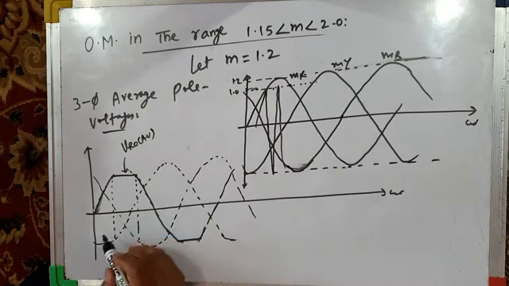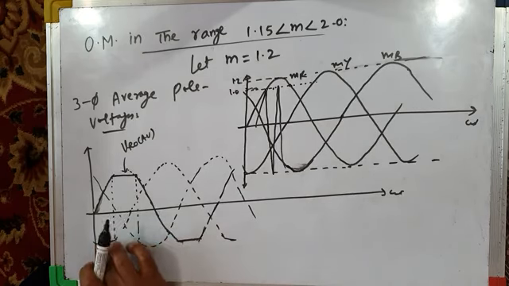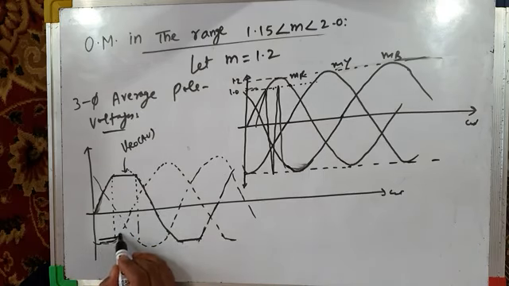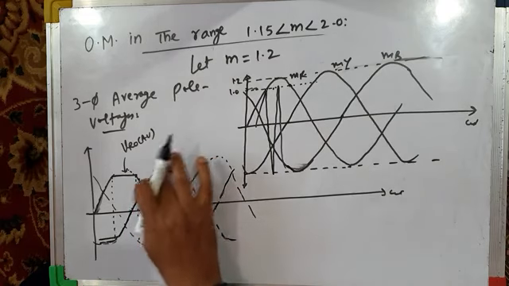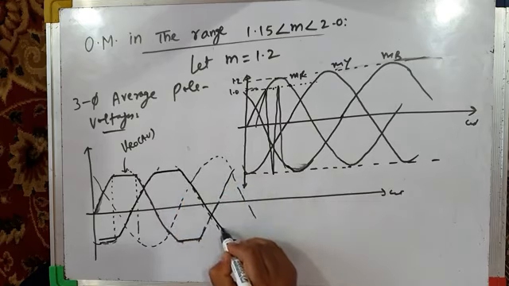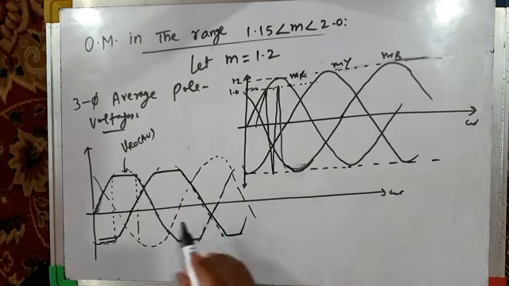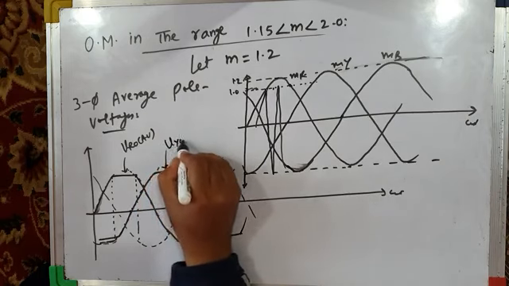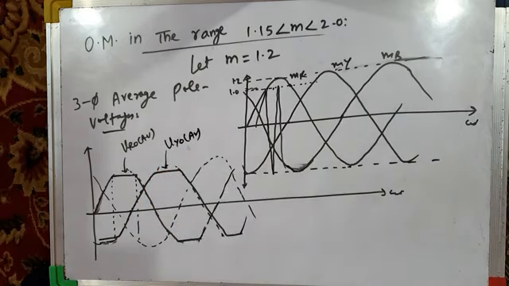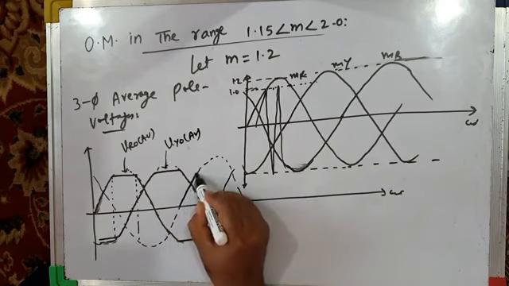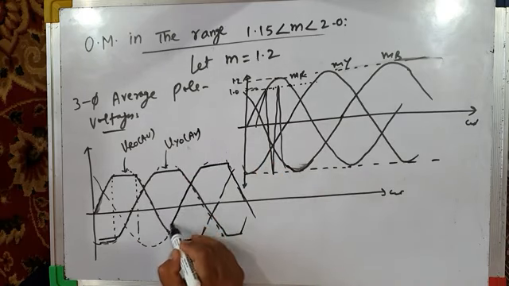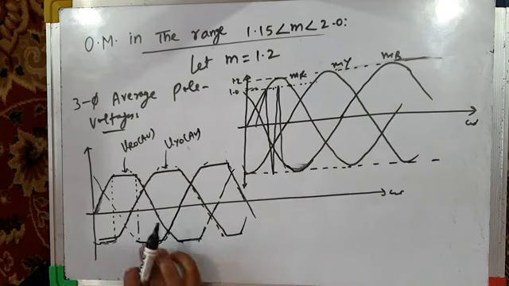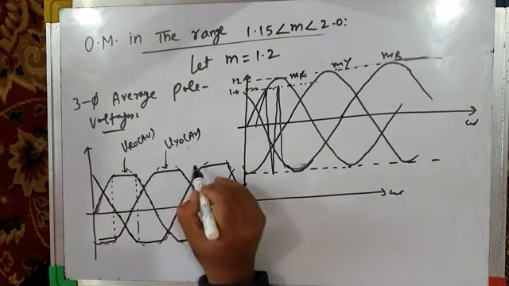VYO average will be something like this. This is VYO average pole voltage, VYO average, and VBO average will be like this. This is VBO average.